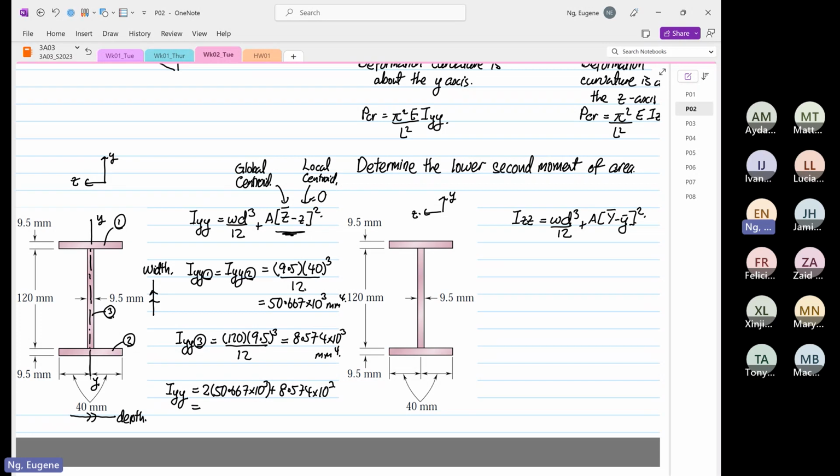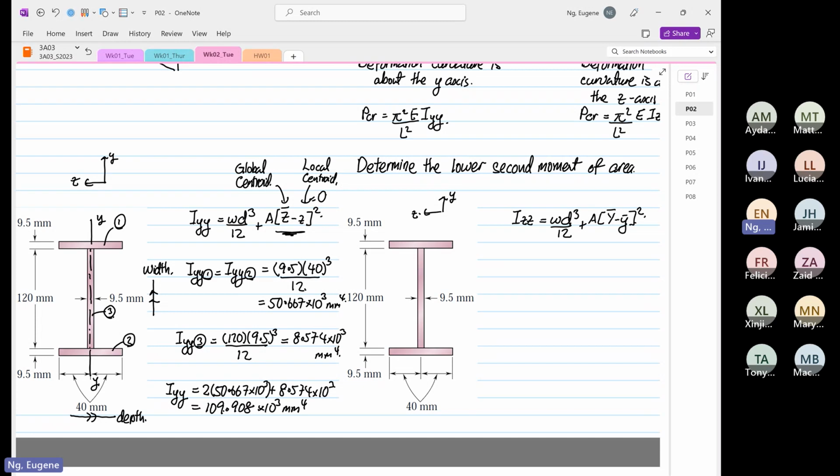Okay. So 50.667 times 2 plus 8.574 is equal to 109.908 times 10 to the power 3 millimeter 4.